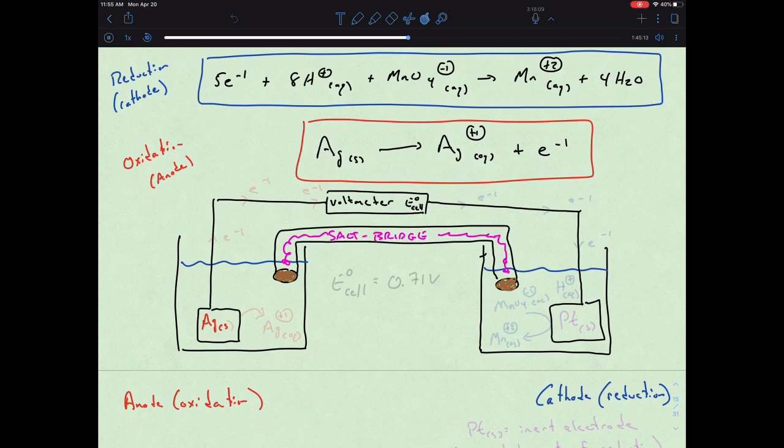Silver is metallic, so it can be the electrode or the anode. And it is producing silver plus 1 in solution. And so those electrons are being transferred up and across to the reduction side of things.